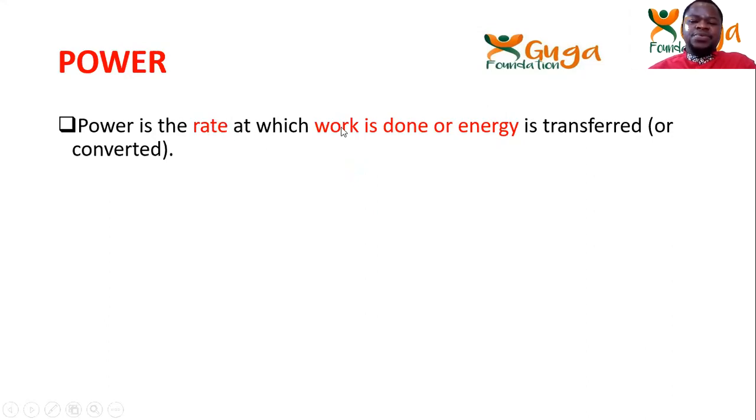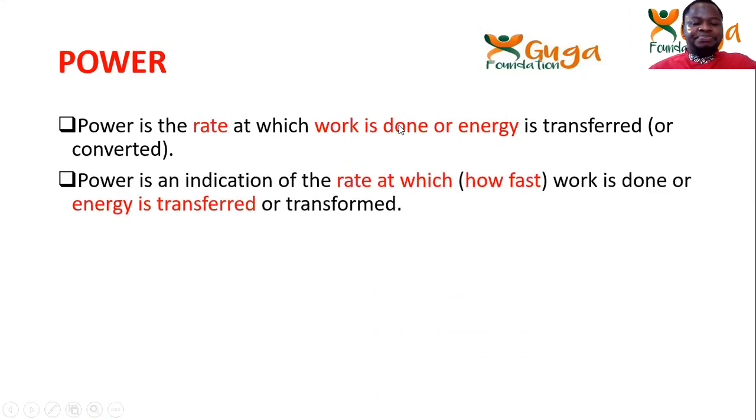Power is the rate at which work is done, or energy is transferred or converted. It is just an indication of how fast the work can be done, or how fast or slow the energy can be transferred from one form to another.